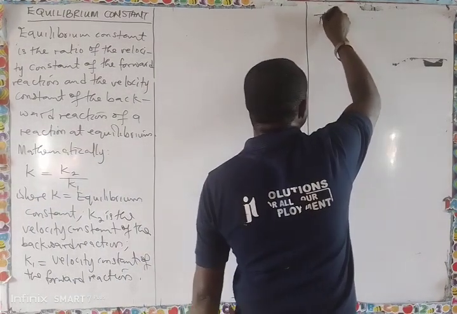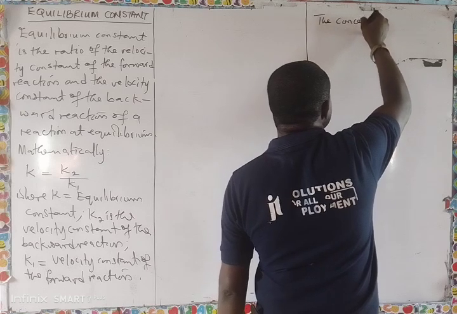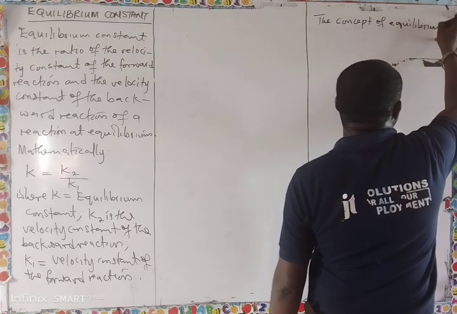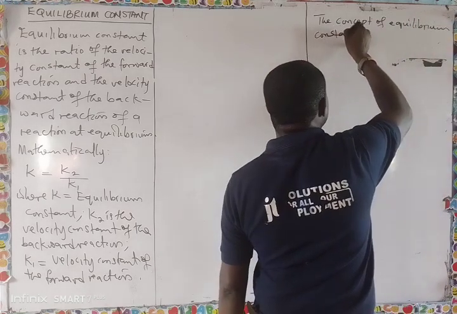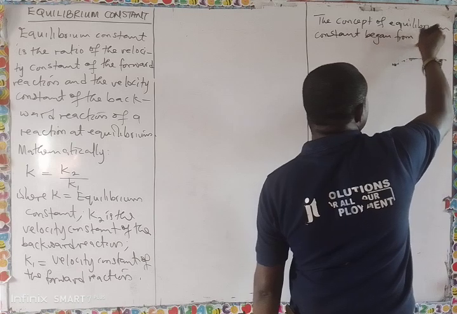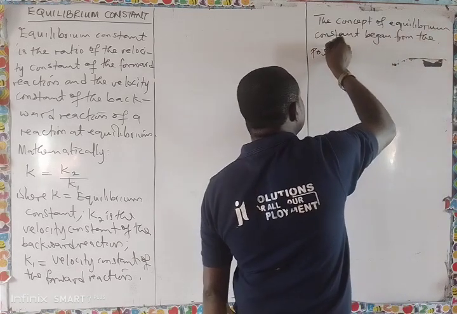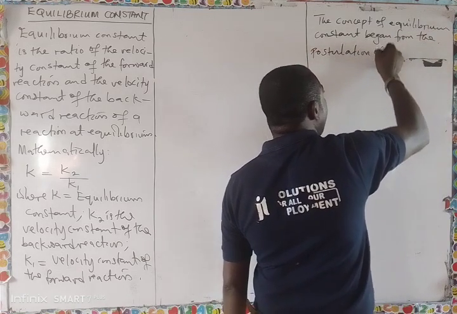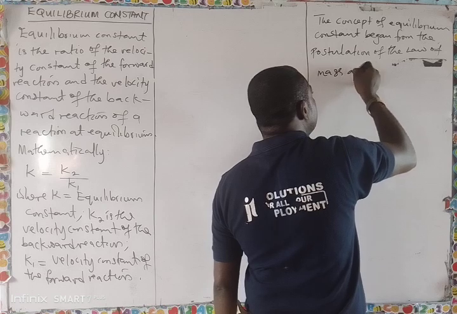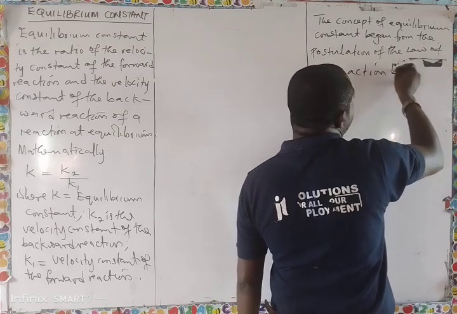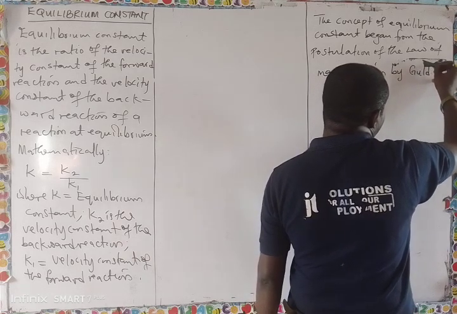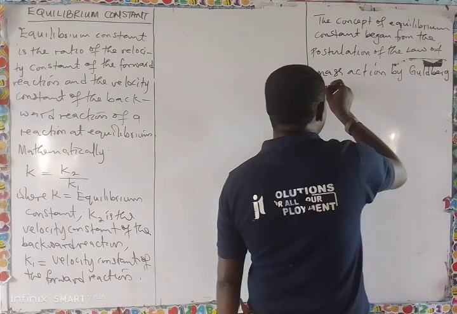The concept of equilibrium constants began from the postulation of the law of mass action by Gutenberg and Wald.